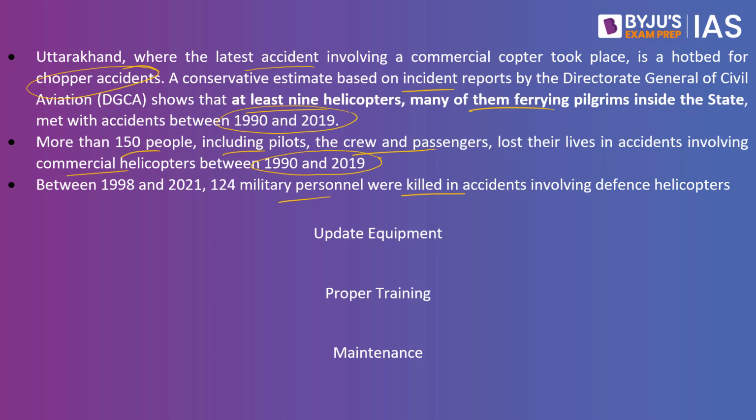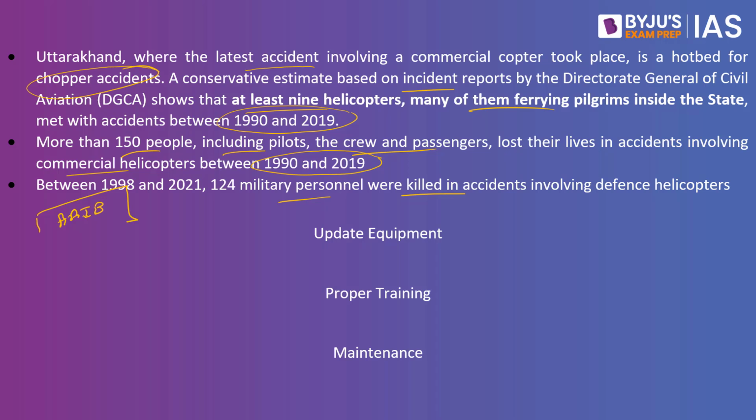This clearly goes on to depict that we have increasing cases of helicopter accidents taking place, leading to civilian casualties as well as army personnel getting killed. Whenever there is an accident, be it an aircraft or a helicopter, which authority investigates it? Remember, what we have is called the Aircraft Accident Investigation Board.